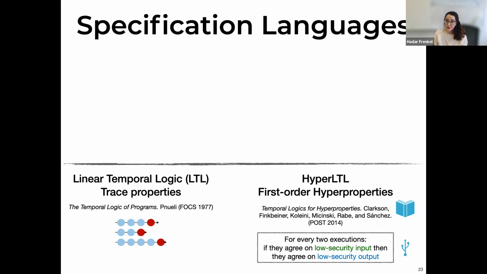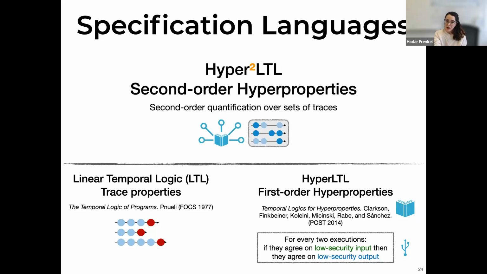Yet, first order quantification is not enough to express general properties that we're interested in. Two examples are common knowledge and asynchronous behaviors. And for that, in our work we introduced hypersquare LTL that features second order quantification over sets of executions in order to express the desired properties.